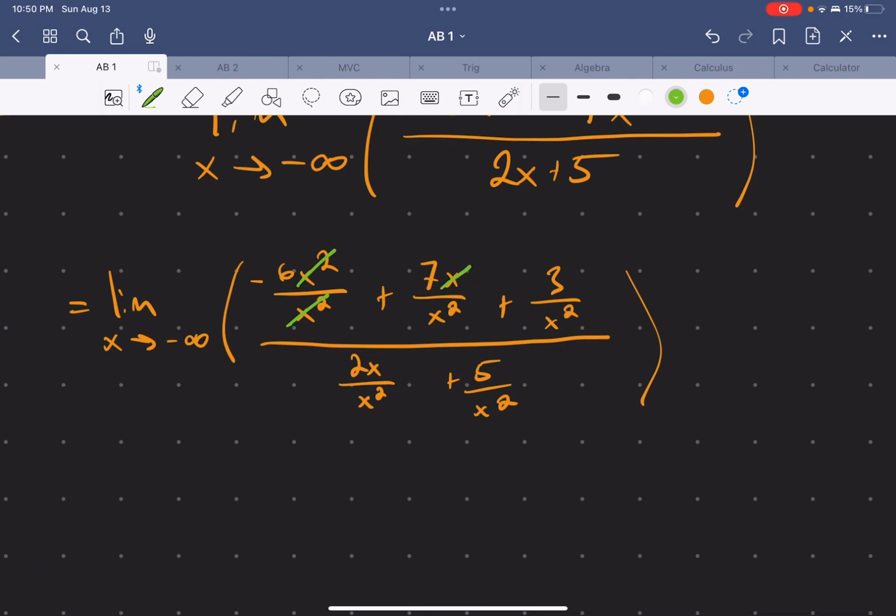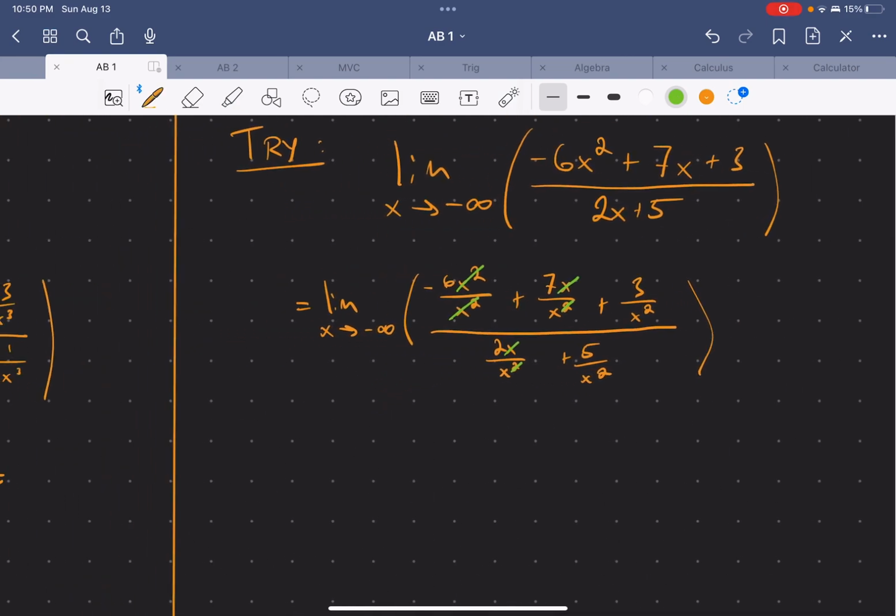So that x on top would cancel with one of the x's in the bottom there. And then the third fraction on the top doesn't simplify. On the bottom, I'd have x on top cancels with one of the x's in the bottom. And then the bottom right fraction does not simplify.